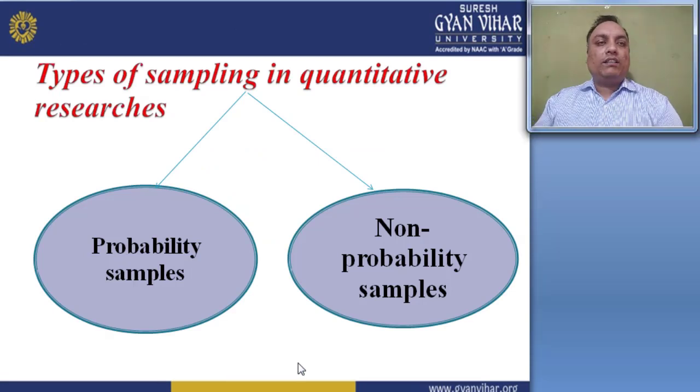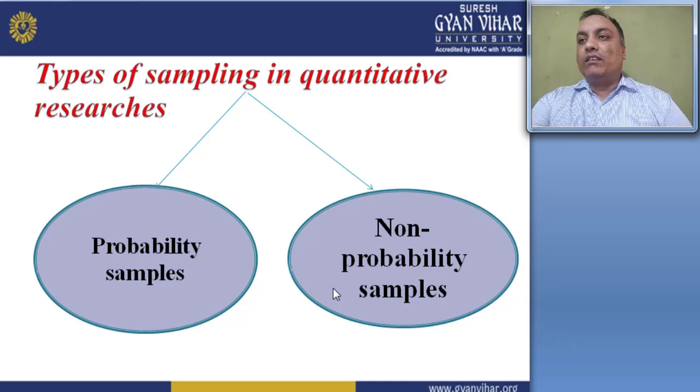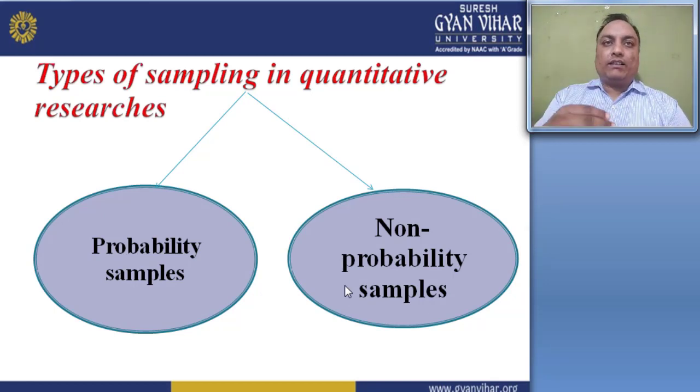Here there are two types of sampling for quantitative researchers. First is probability samples and second is non-probability samples. In probability samples, there is some probability that something will be correct, or some probability that it will be incorrect. In this case it may be 50-50 or 60-40, and the maximum probability is 100%.